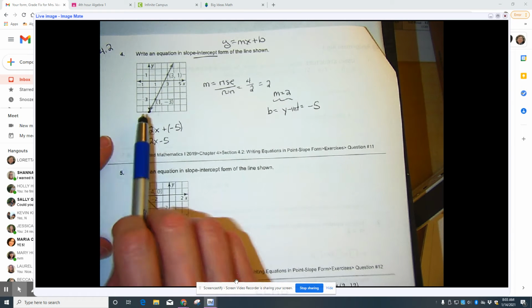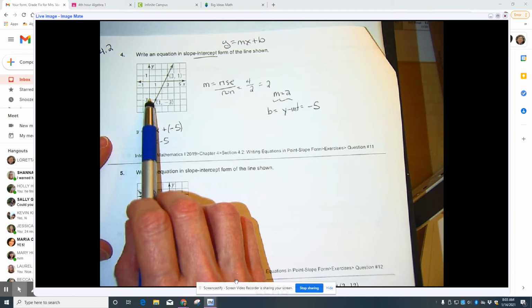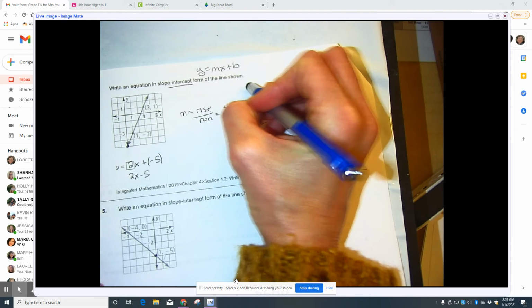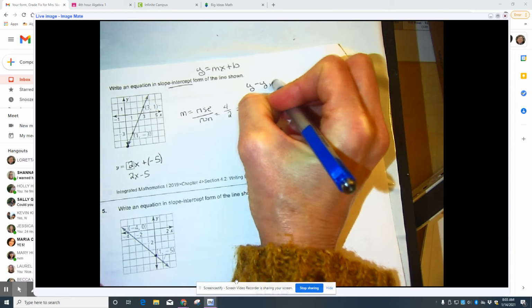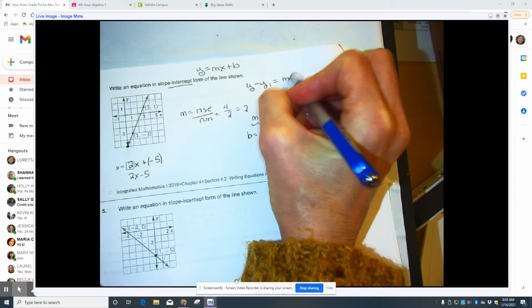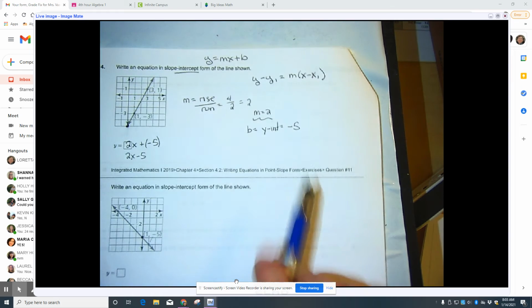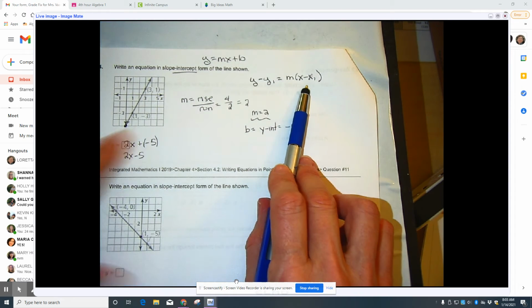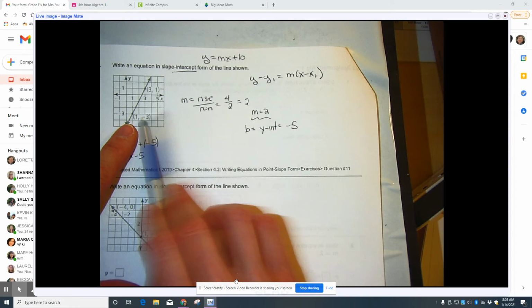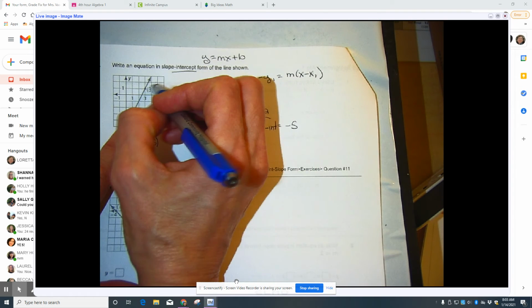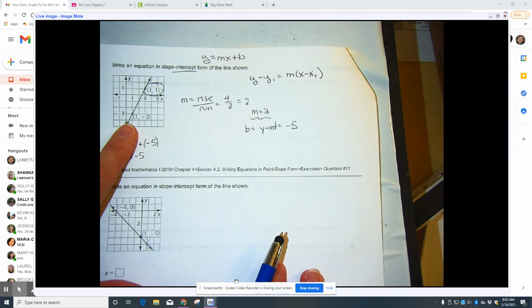Now, say I didn't notice that I could plot one more point. Remember, you can always, always, always use point-slope if you have a slope and any point. So I could pick one of these points and do point-slope. I'll choose this for my point just because it doesn't have any negatives.